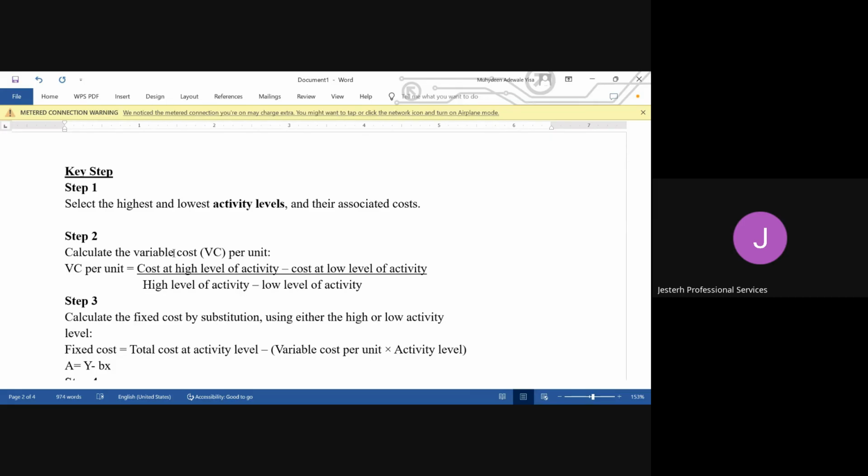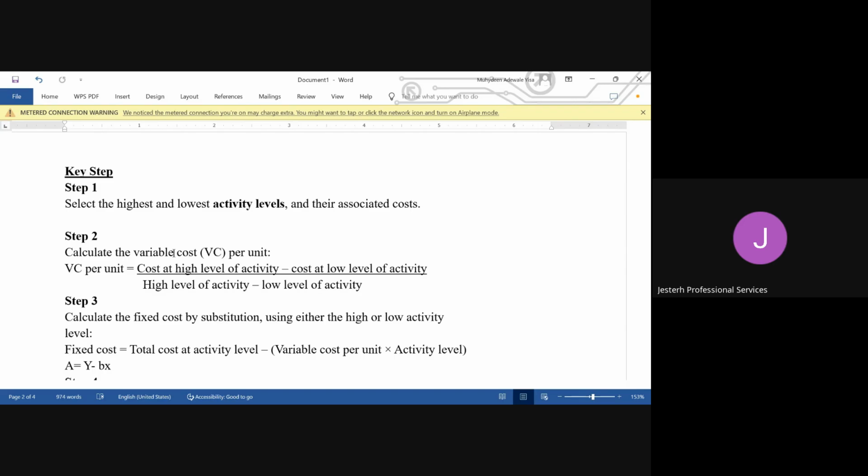The cost associated with the high level of activities is 2,000, while the cost associated with the lower level of activities is 1,500. Now, 2,000 minus 1,500, the difference in cost is 500, while the difference in the level of activities is 200.